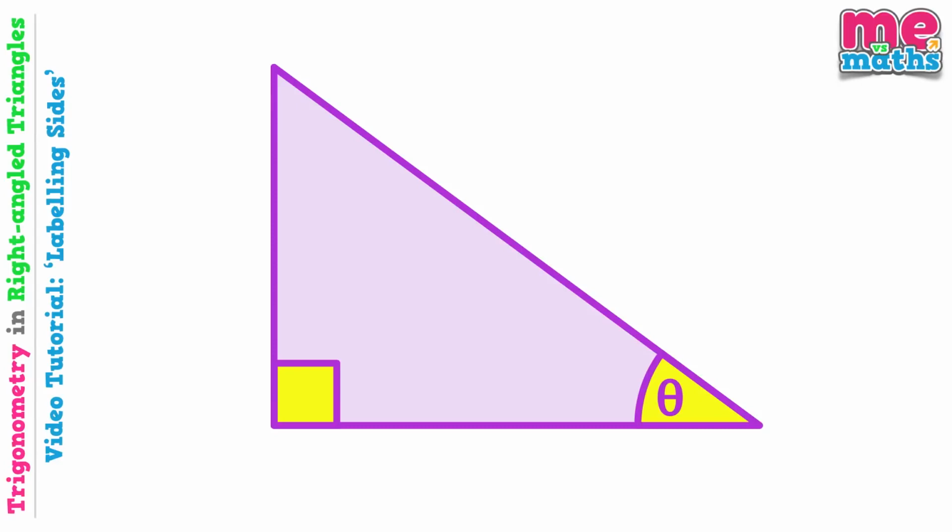Now it's incredibly important to realise that we can start with the same triangle with the other angle labelled instead and end up with a different outcome. The hypotenuse will still be in the same position because our right angle has not moved, so it will still be this side here.